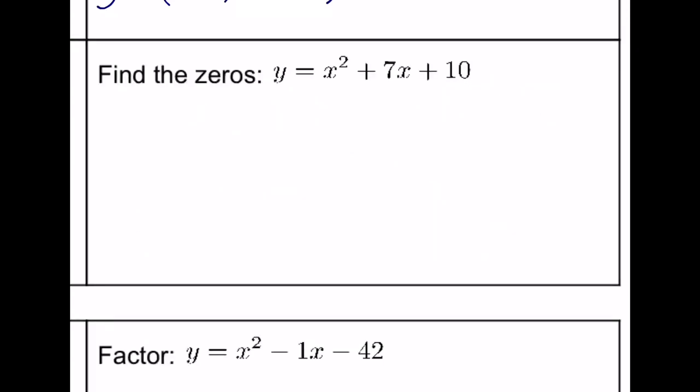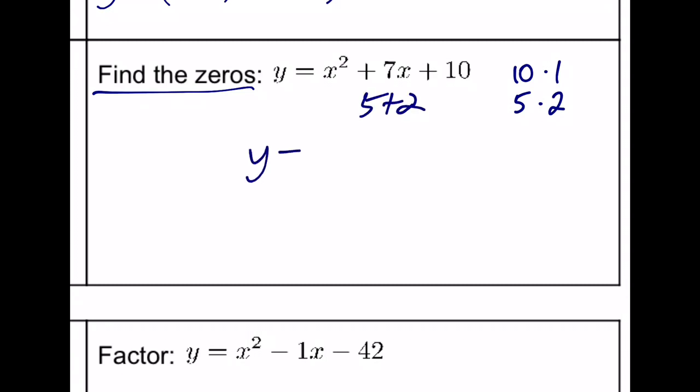This next problem is the first one that says to find the zeros instead of factoring. So we're going to use that same table to identify that with a positive b and a positive c, both our factors will be positive. And we look at options like 10 times 1 or 5 times 2, and which one of these factors of 10, which pair of factors, add up to 7? Well, it's 5 plus 2. So we can put it in intercept form as x plus 5 and x plus 2.